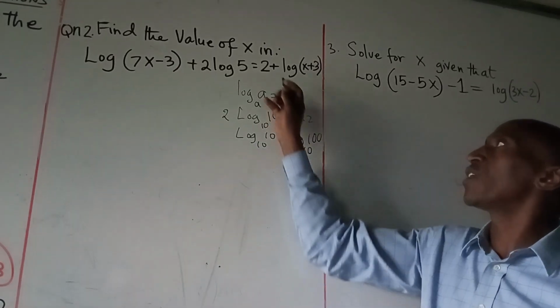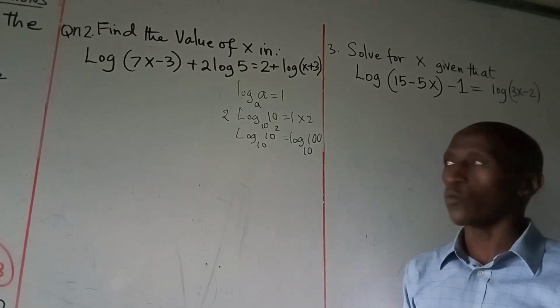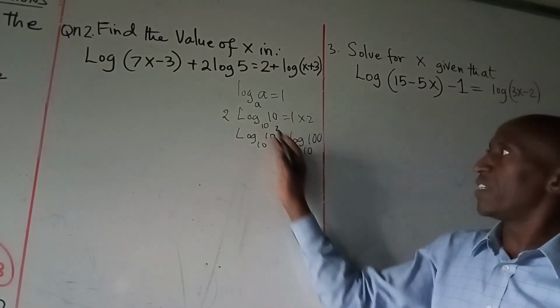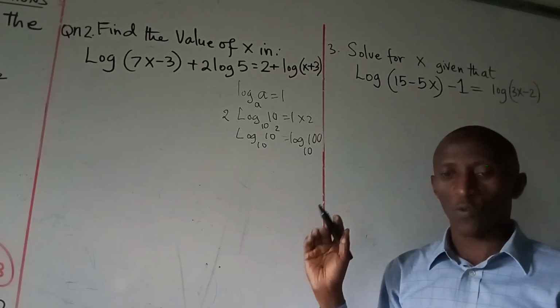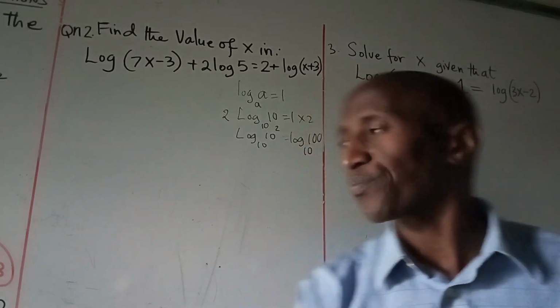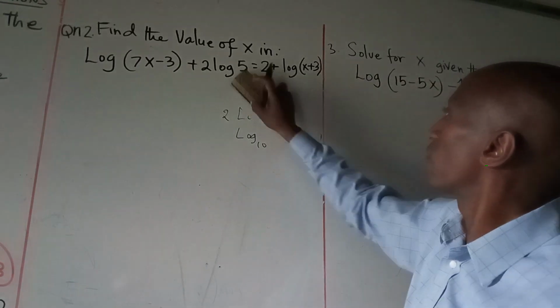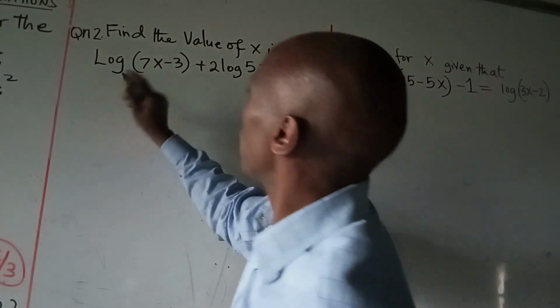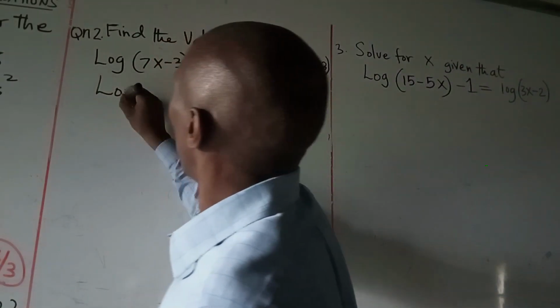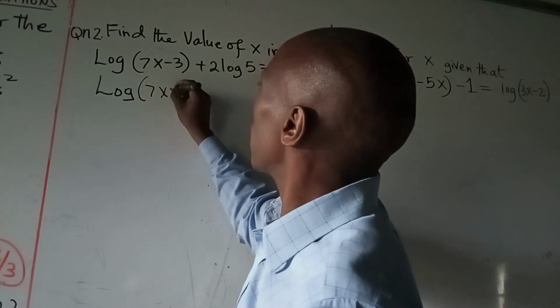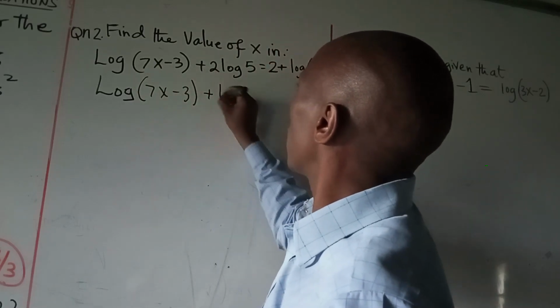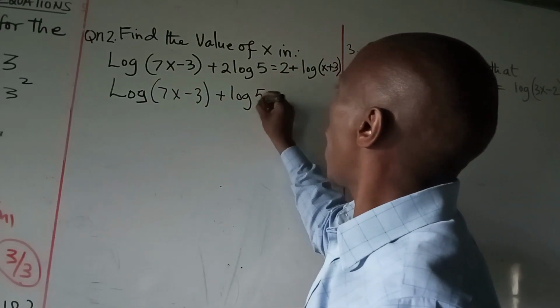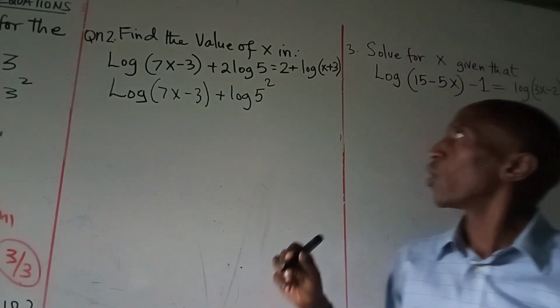And that is how we work out the 2. So if I may delete this and now move to the question, we shall have that log 7x minus 3 plus log of 5 to power 2.